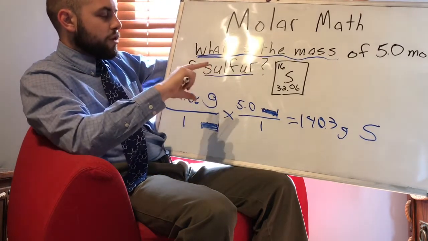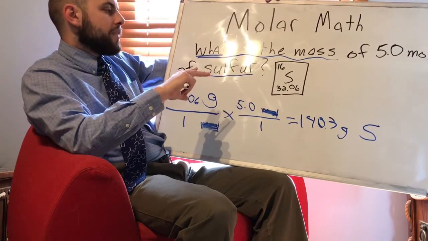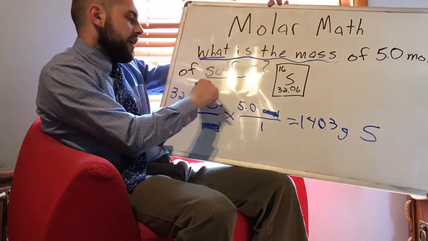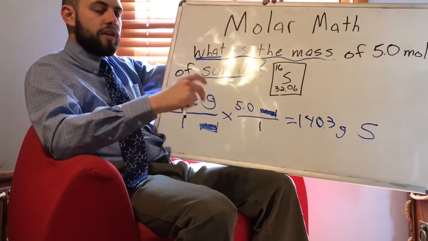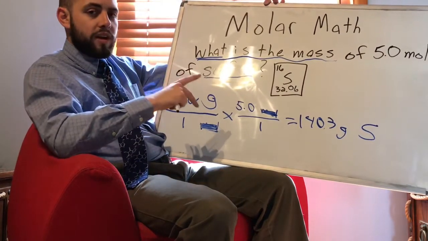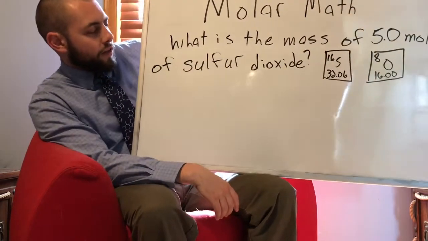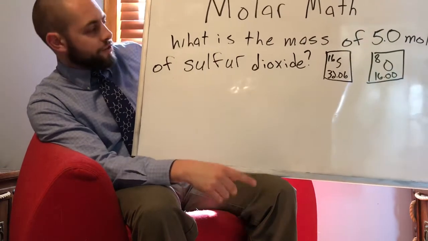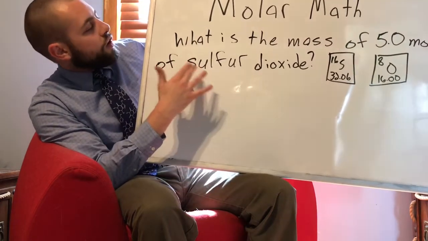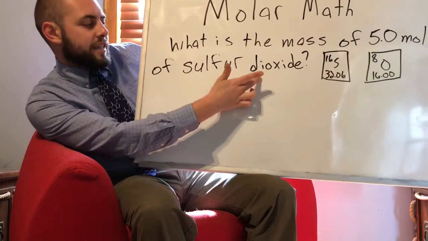I'm going to change this problem just slightly, and we're going to run it again. This time, instead of looking at an individual element, we're going to look at a compound and how we could do the same problem with a compound. So here we go. All right, so looking at pretty much the same problem, but I made one change. This time it says, what is the mass of 5 moles of sulfur dioxide?